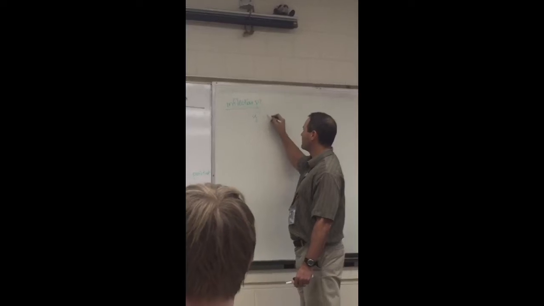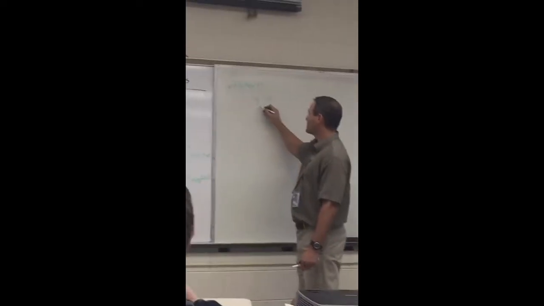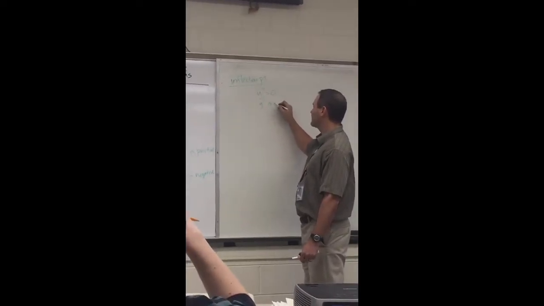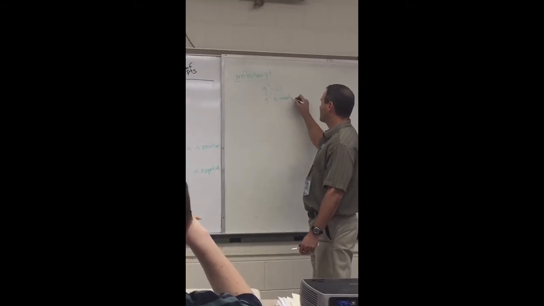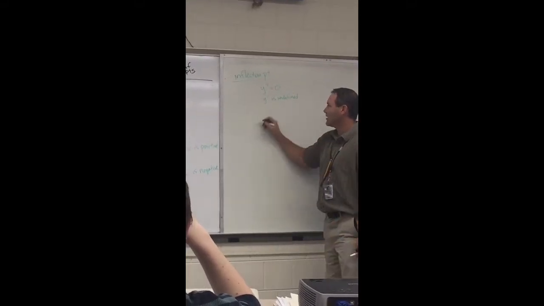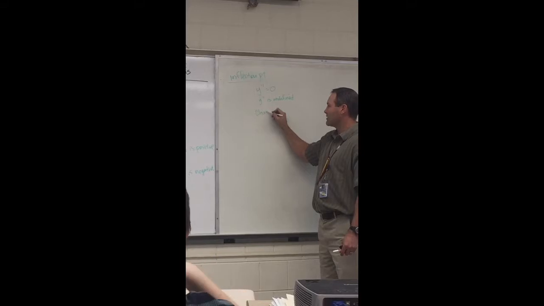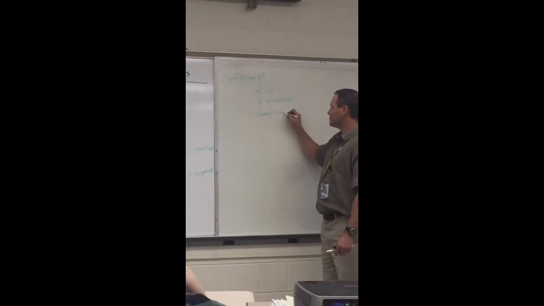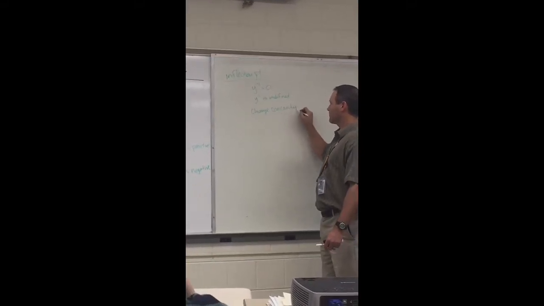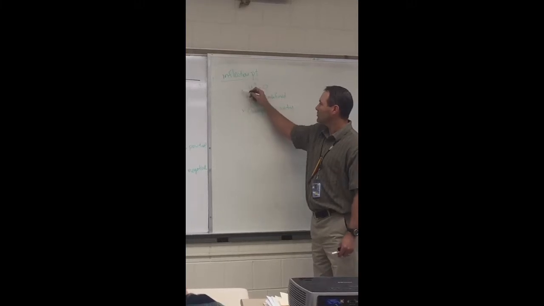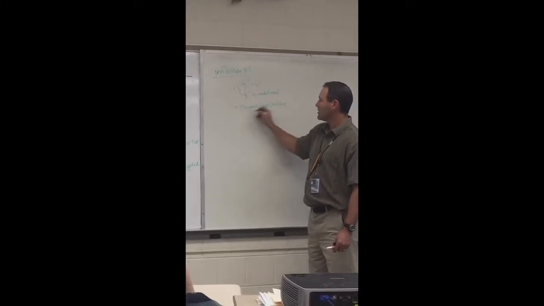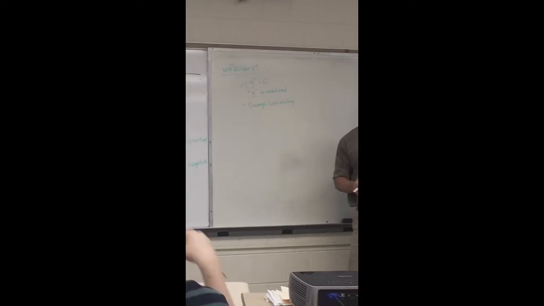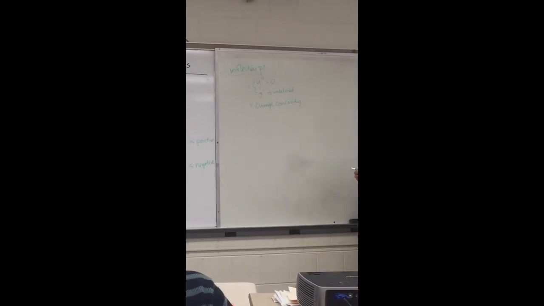Generally, the second derivative is 0, or the second derivative is undefined. And it also has to change concavity. So it has to meet one of these, and it also has to change concavity from one side to the other side.